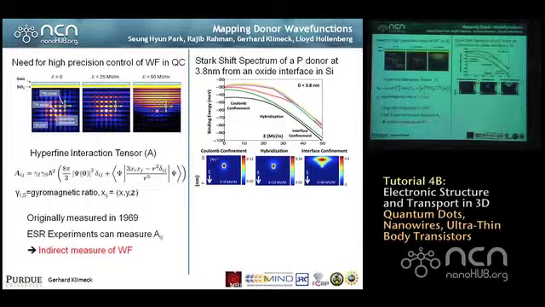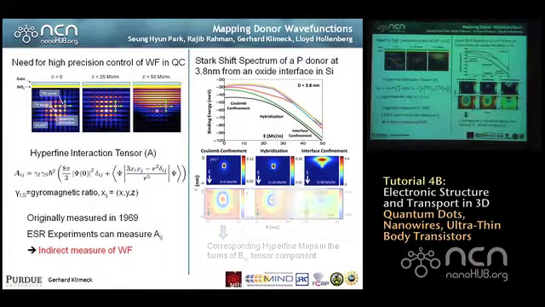There were actually some measurements in 1969 here at Purdue that proposed some of this and did ESR measurements on this hyperfine interaction, and they measured the wave function indirectly. What we're proposing here is to measure indirectly the wave function of such a system.